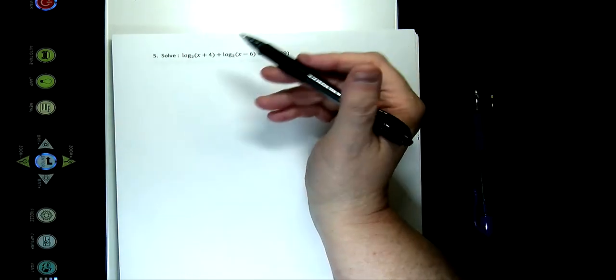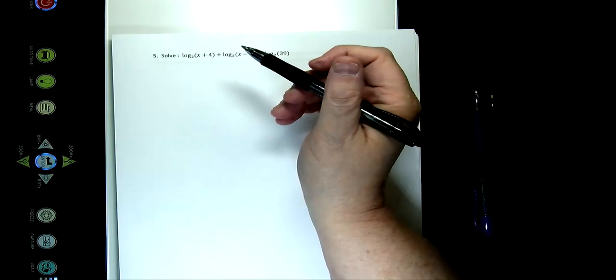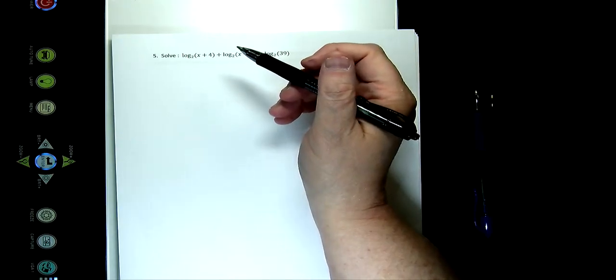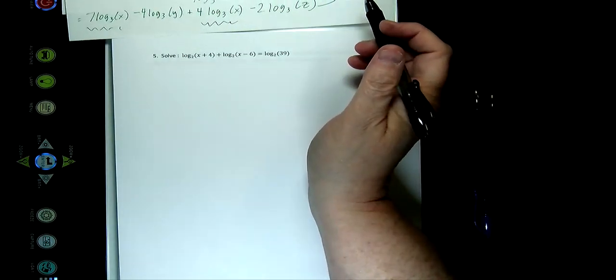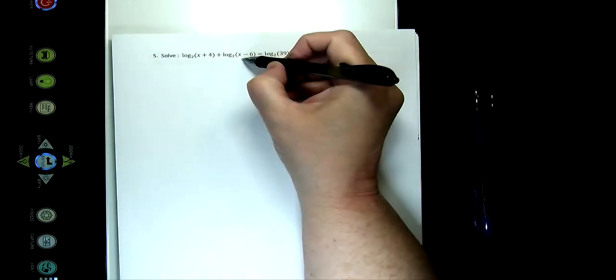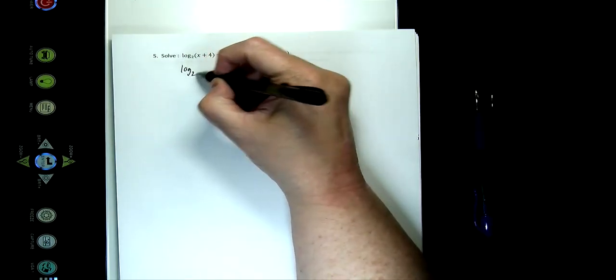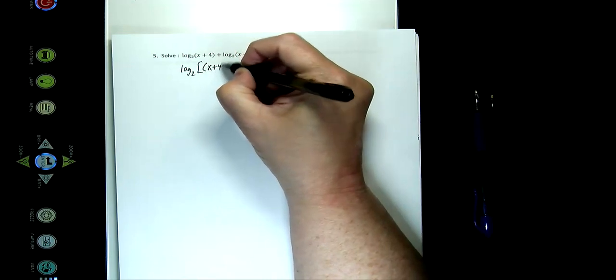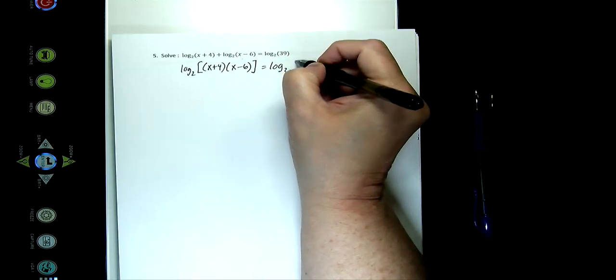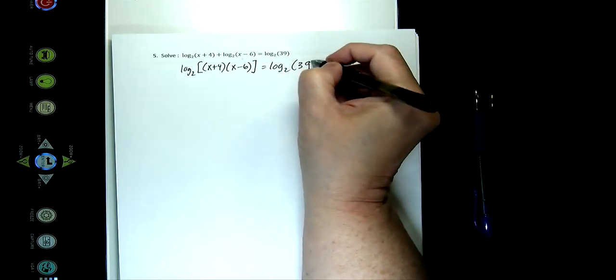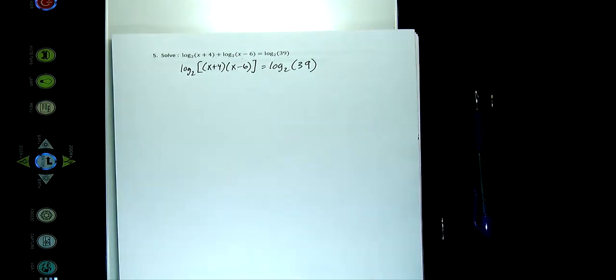There's something we can do before that. We just went the other direction a little while ago. So we took things apart, we can put them together. Things that are added become things that are multiplied inside logarithms. I will show you what raising it to the power of 2 would do at the end, because it is doable.